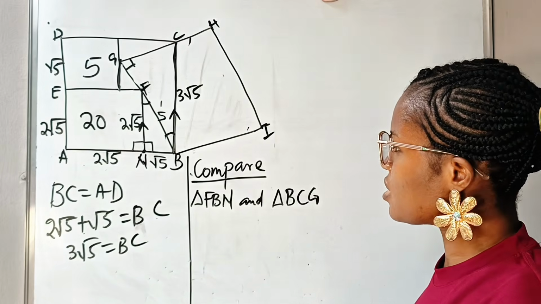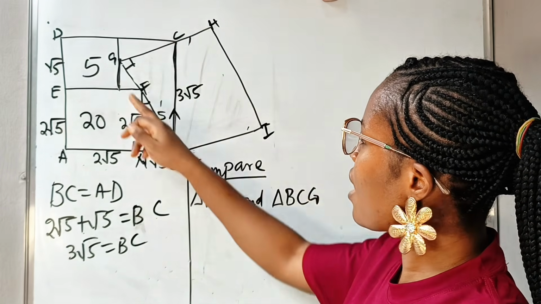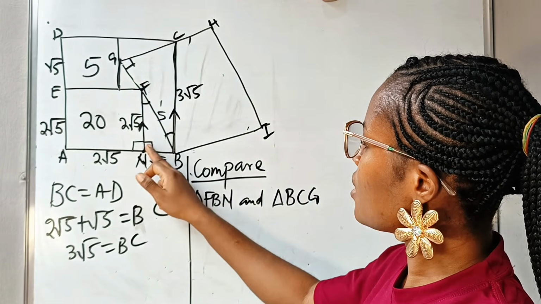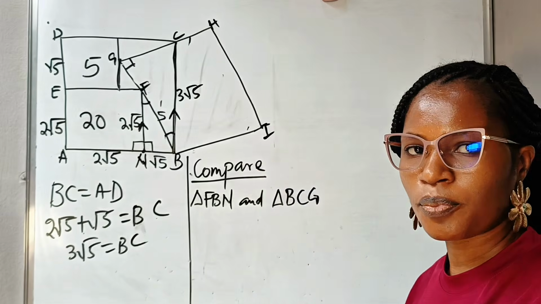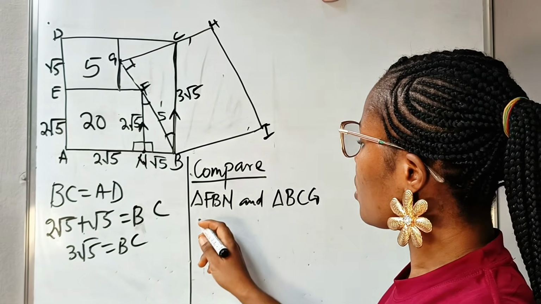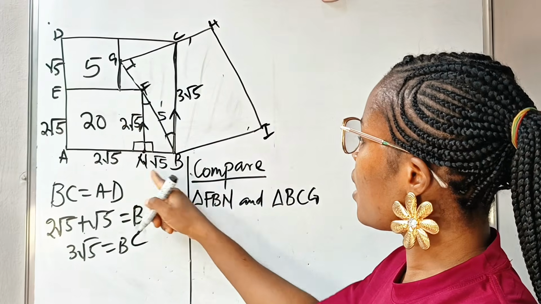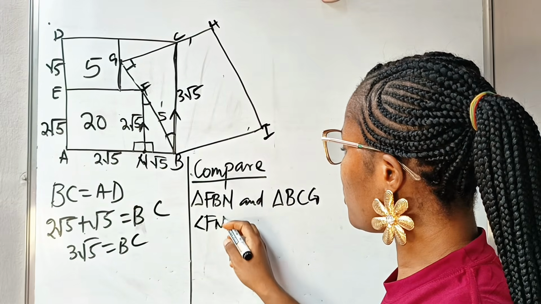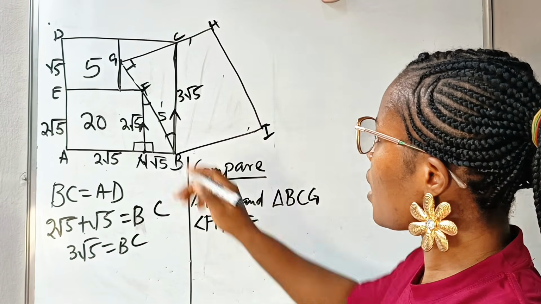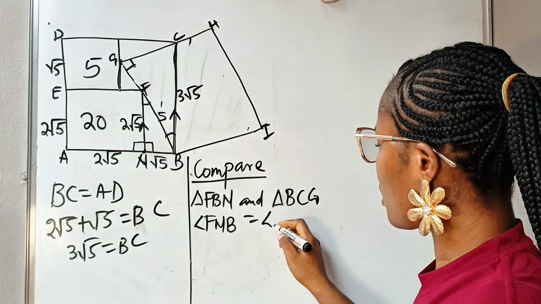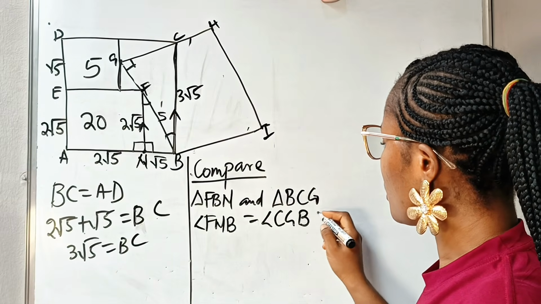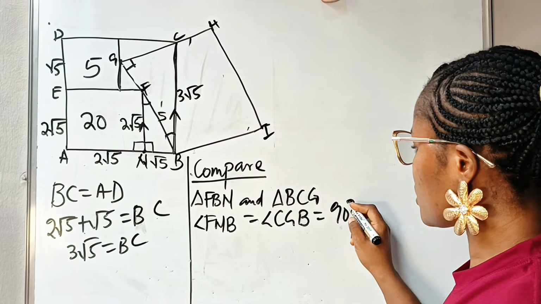Let's compare both. You can see that both are right angled, right? They are both right angle triangles, because angle FNB is equal to angle CGB, which is equal to 90 degrees.